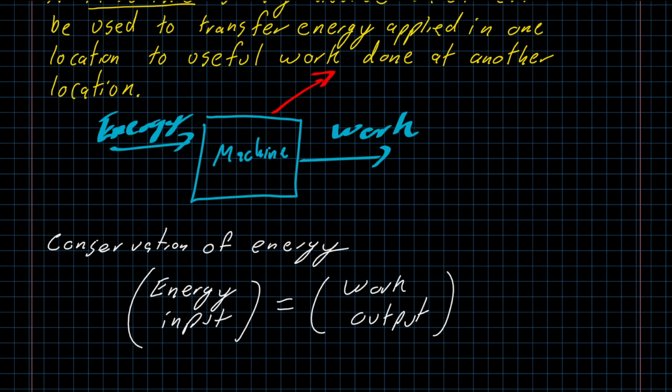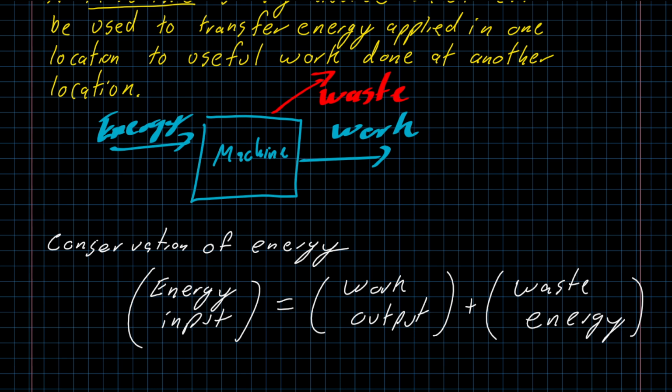Every machine is going to have some amount of waste, and that waste is going to take the form of energy. So any waste energy is energy that is put into the machine that does something other than the work that you are trying to get the machine to do.